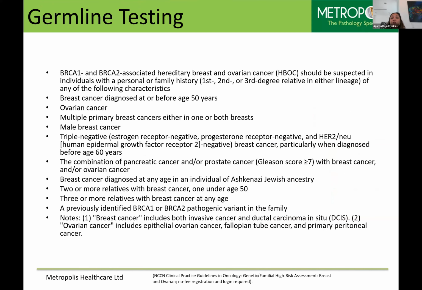I'm not going to go through the germline testing criteria, because that's part of knowledge, but basically breast cancer at or above 50 years, ovarian cancer, and pancreatic cancer make you think about BRCA1 and 2 testing. The only thing I will say is that breast cancer includes both invasive as well as DCIS.